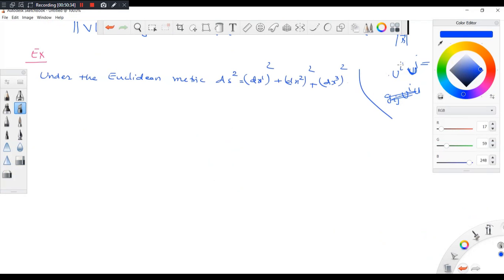So what is this metric? Which coordinate system is this metric of? Can you tell me? Polar coordinate system. That is ds square is equal to dr square plus r square d theta square. So that is precisely this one.